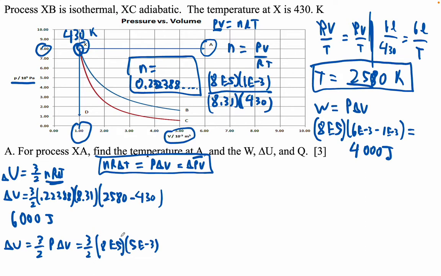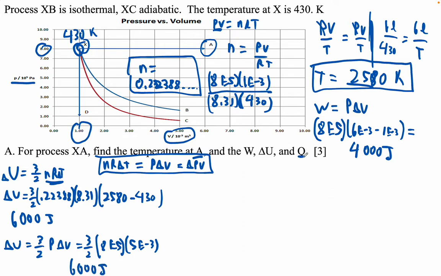That's the delta volume, right? So 3 divided by 2 times 8 E5 times that. And of course, this is 4,000, and 3/2 of that, of course, is going to be 6,000. But I know there's some of you that don't believe this. So I'm just going to show you. Yeah, it's 6,000.